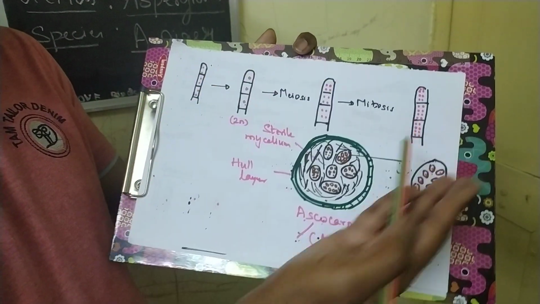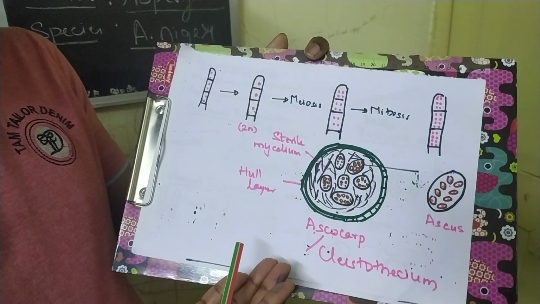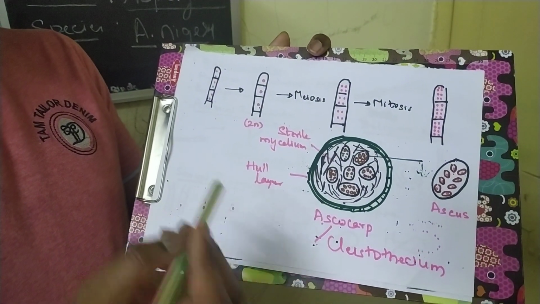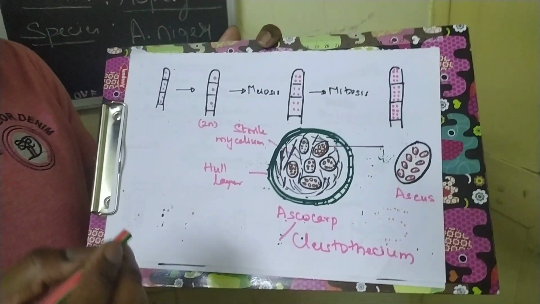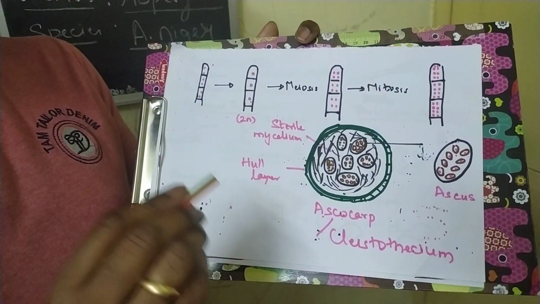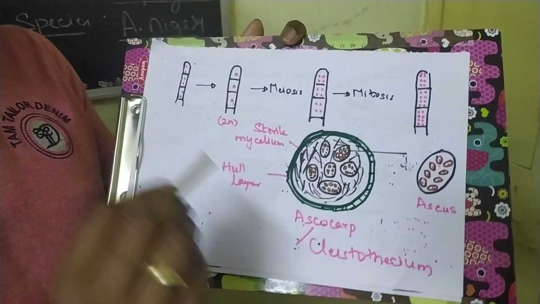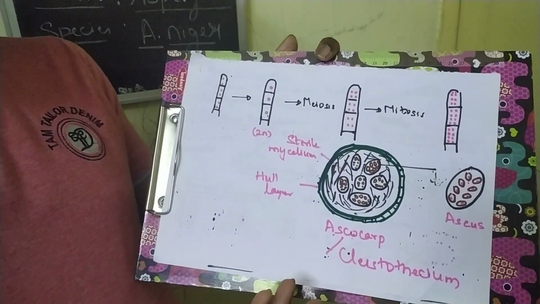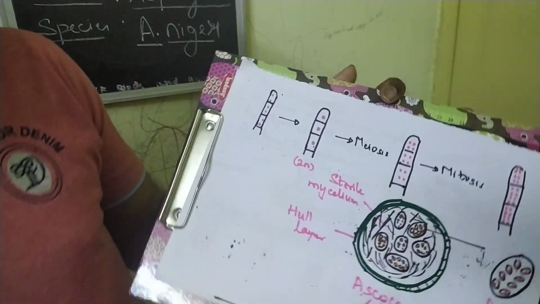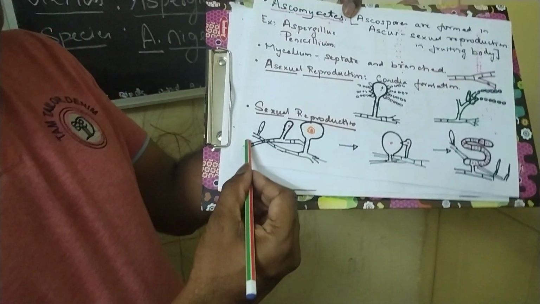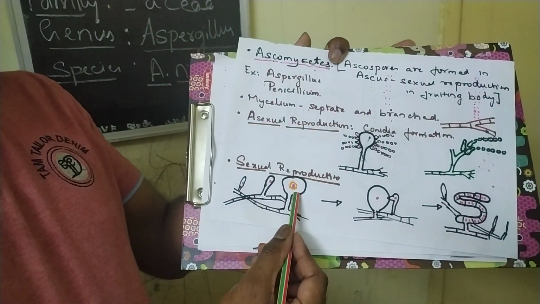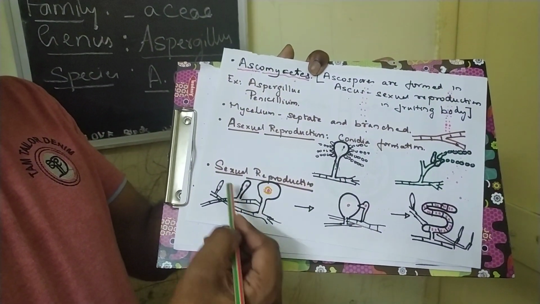And you have already learned part of the type study now. For example, if they're asking in the examination, explain the sexual reproduction in Penicillium, or explain the sexual reproduction in Aspergillus, this is what you have to write. You have to draw the mycelium with the types of sex organs. Then the antheridia are developing.